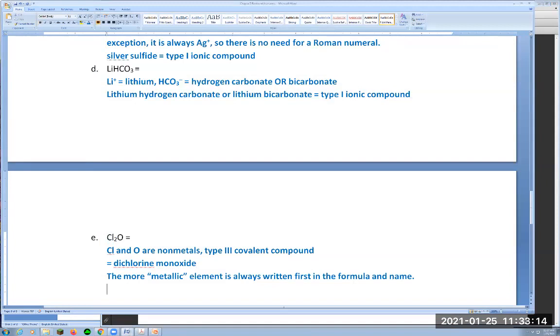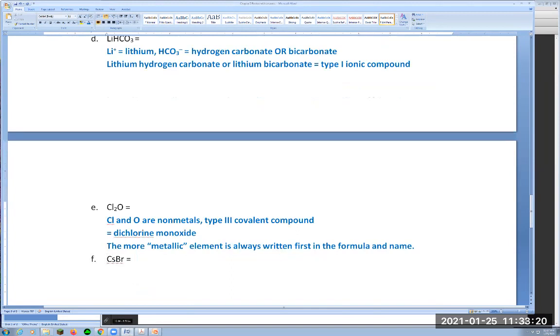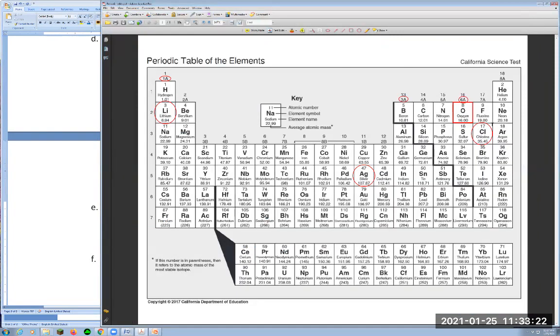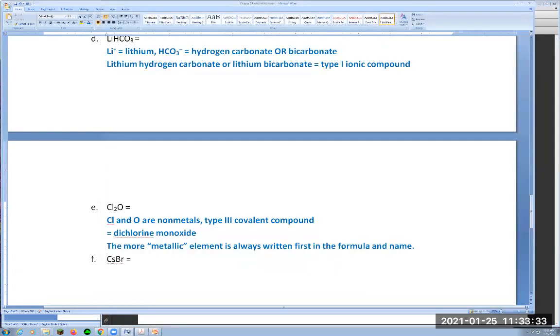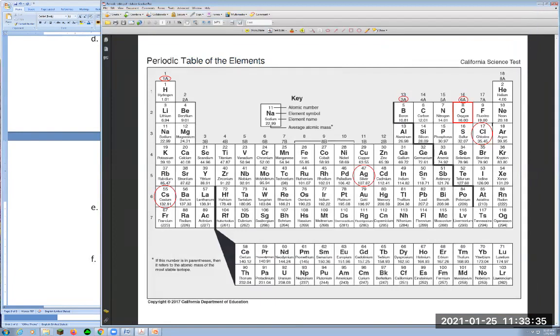Okay, so let's see, we have CsBr next. Cs is cesium. So be careful, cesium, C-E-S-I-U-M, and Br, bromine. Bromine is a non-metal, cesium is a metal.